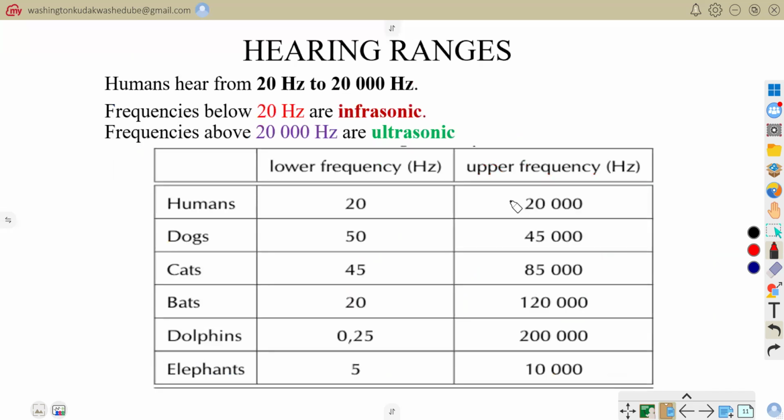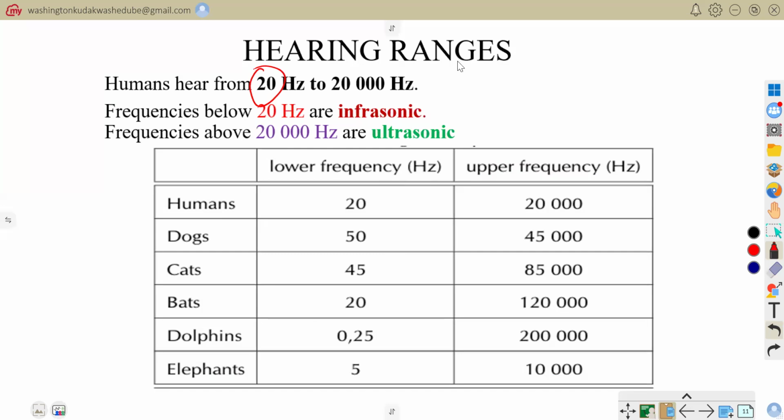And then we actually have different ranges of sound. Some of the ranges of sound, when it comes to the human ear, are actually negligible, or else you won't hear them. For example, humans only start hearing sound when it has a frequency of 20 hertz.